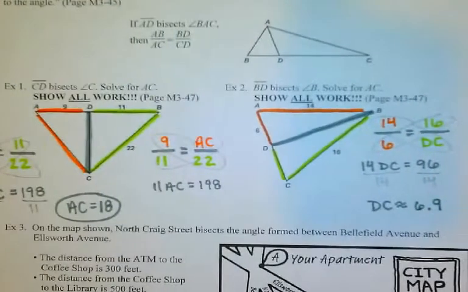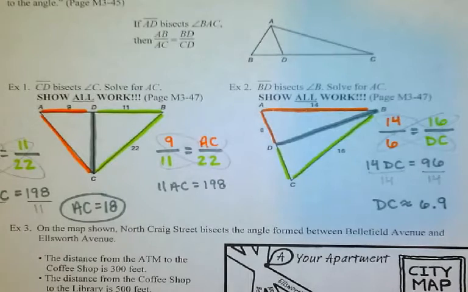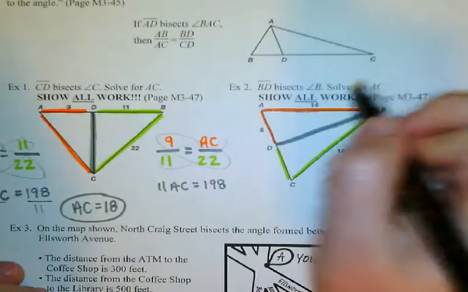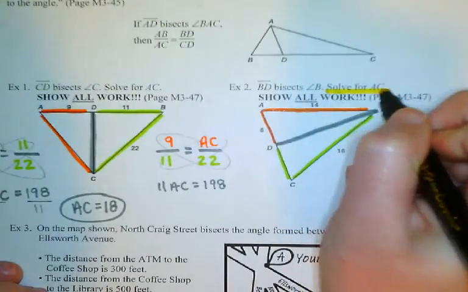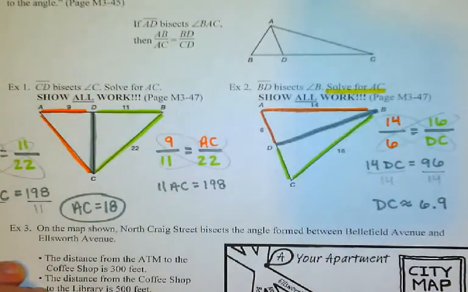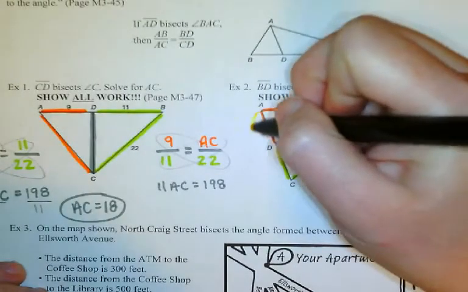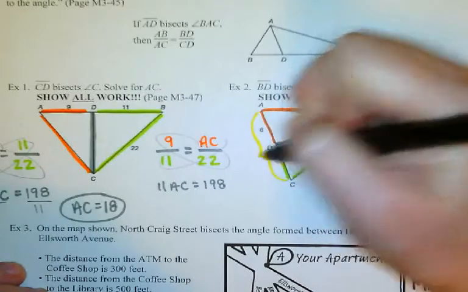Oh, that whole time you couldn't see. My bad. Make sure that you read the directions and know what it's asking for, alright? Because our directions here tell us that they want us to solve for AC. Where is AC? AC is this whole thing.